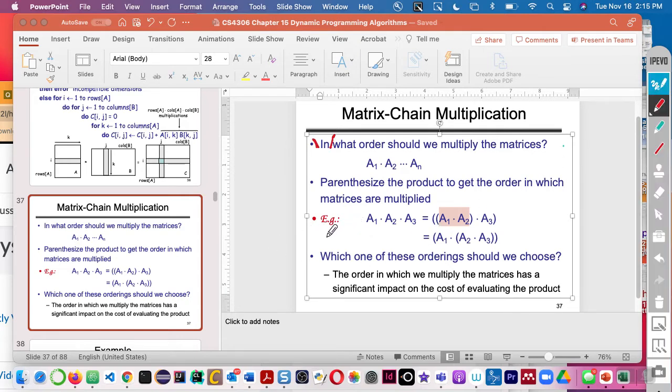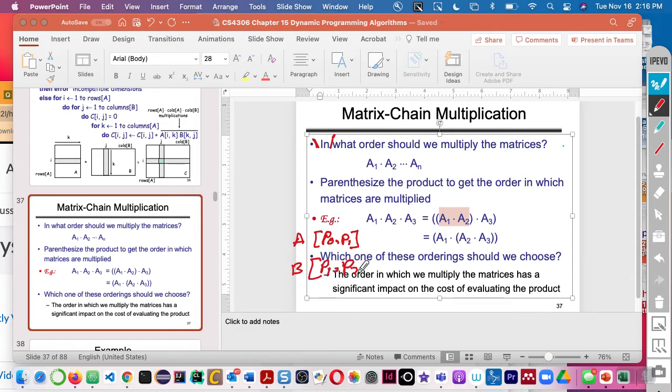If A1 has dimensions P0 by P1, these are dimensions, you can say D or P, whatever you say. Okay, this is A1.